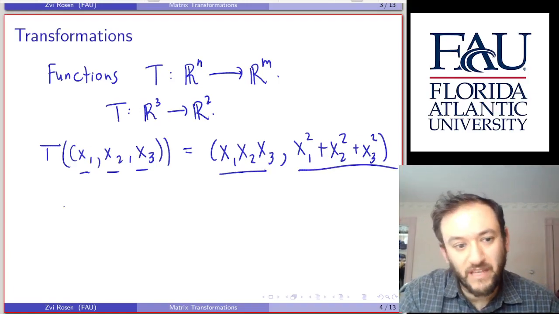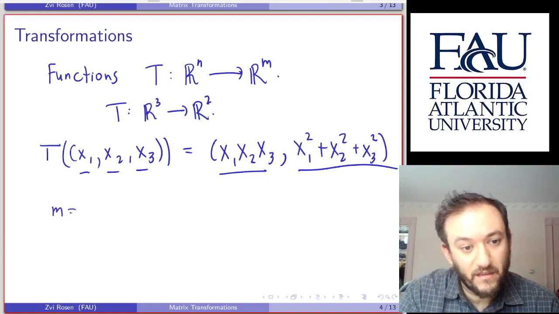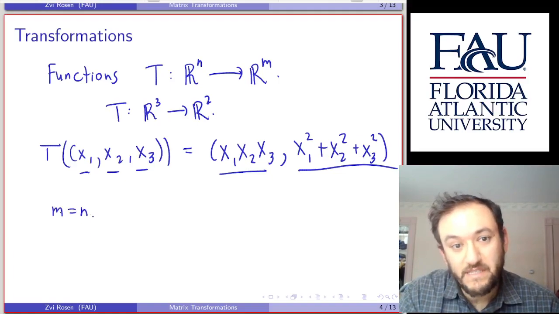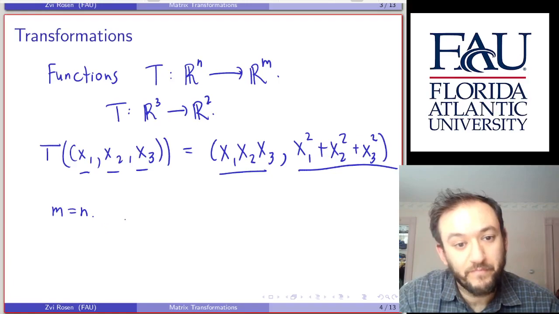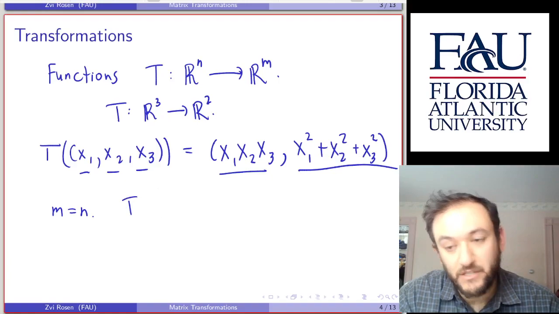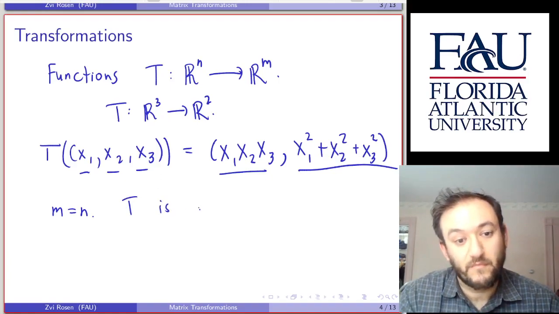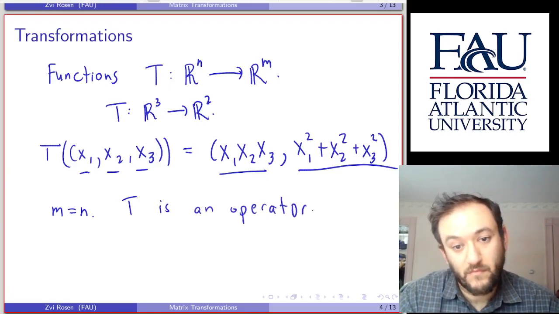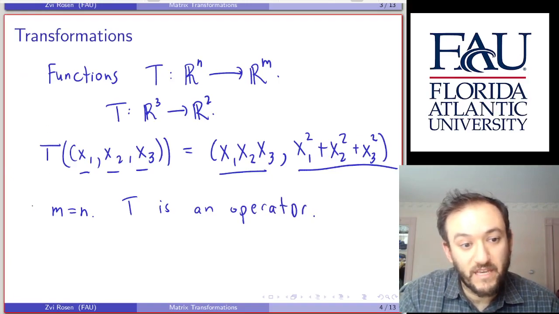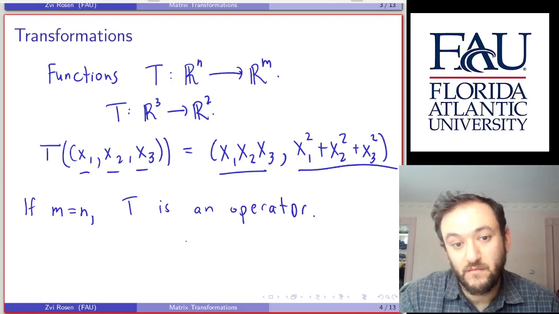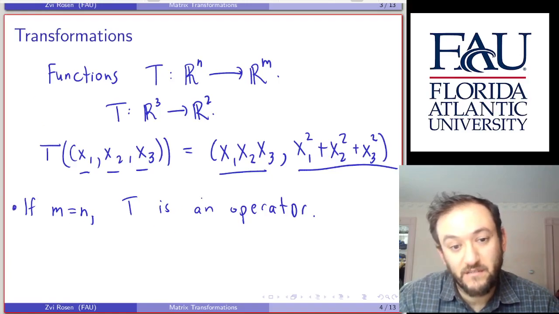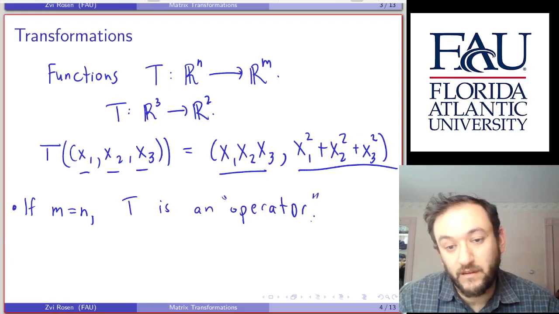If we have the special case that m equals n, then we'll say that T is not just a transformation, but it's an operator. Okay, so this first case is transformations. And in this special case, we call it an operator.